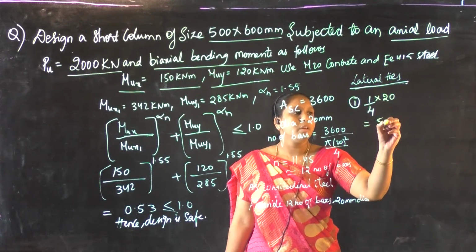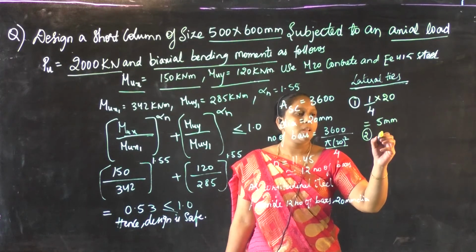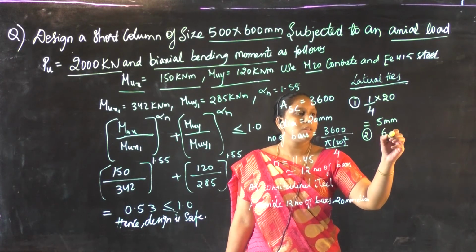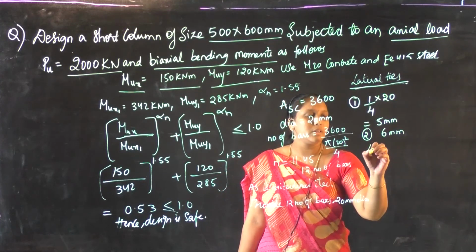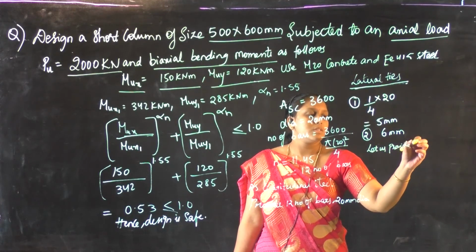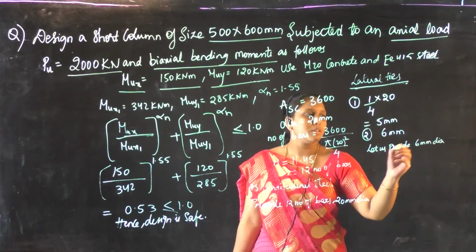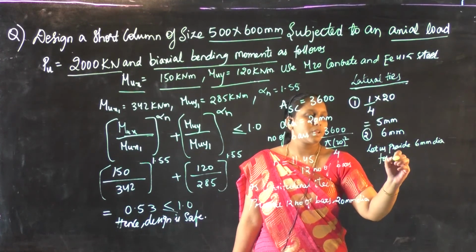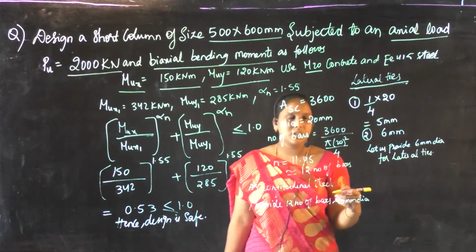So this will be 5 mm, and in no case should it be less than 6 mm. So here let us provide 6 mm dia for lateral ties.